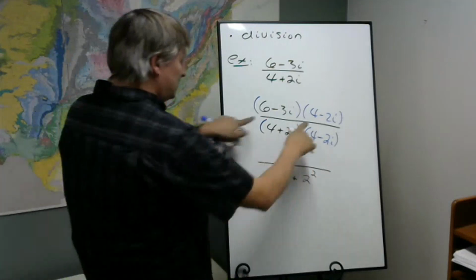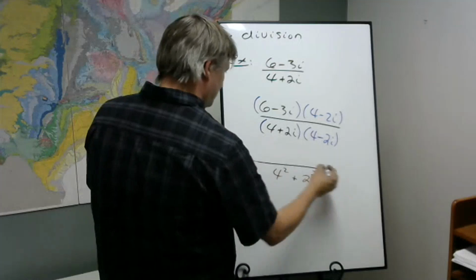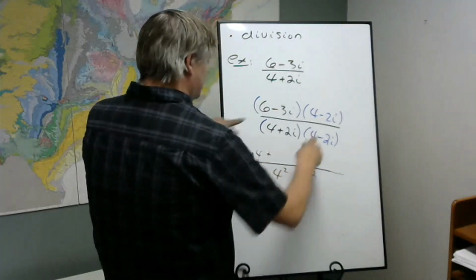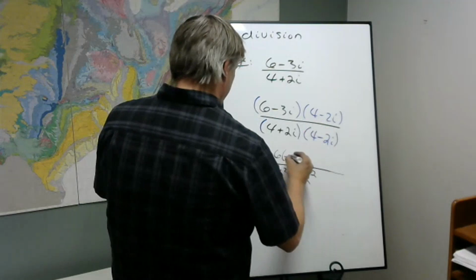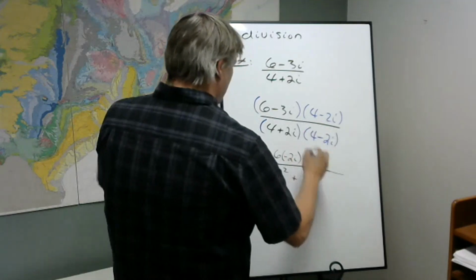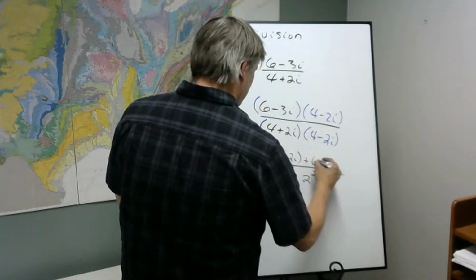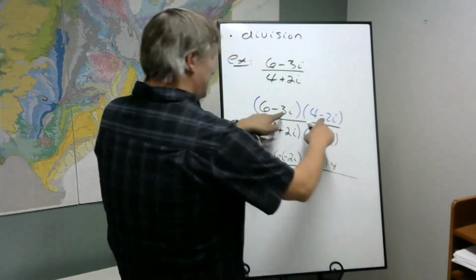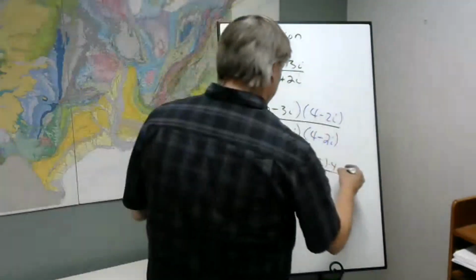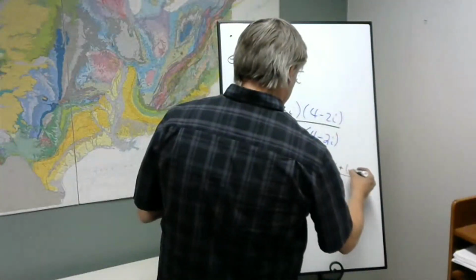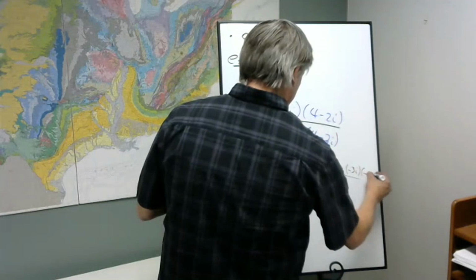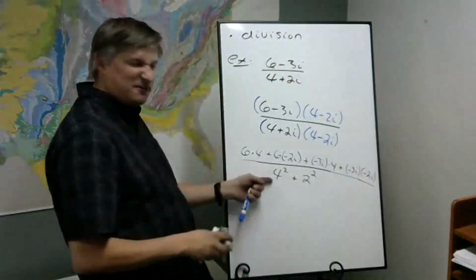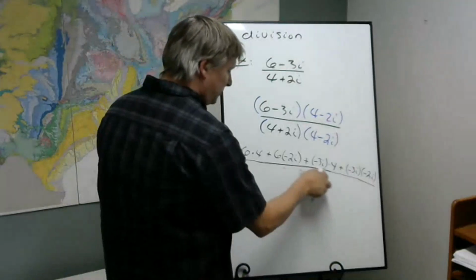But we've got to FOIL this. So we'll do the first. Yes, 6 times 4. Plus our outer, 6 times negative 2i, plus our inner, and then our last. And just to show that this is in fact what you get, I'll do the FOIL here also.